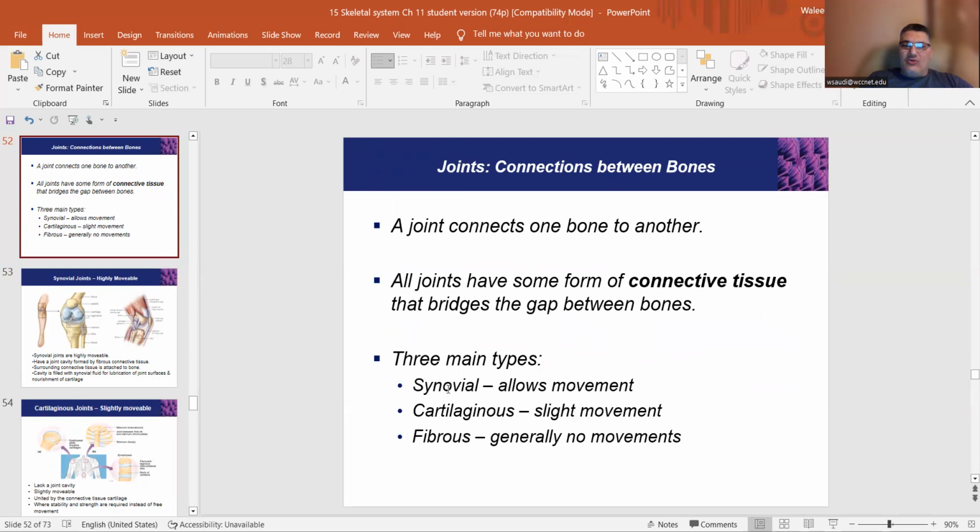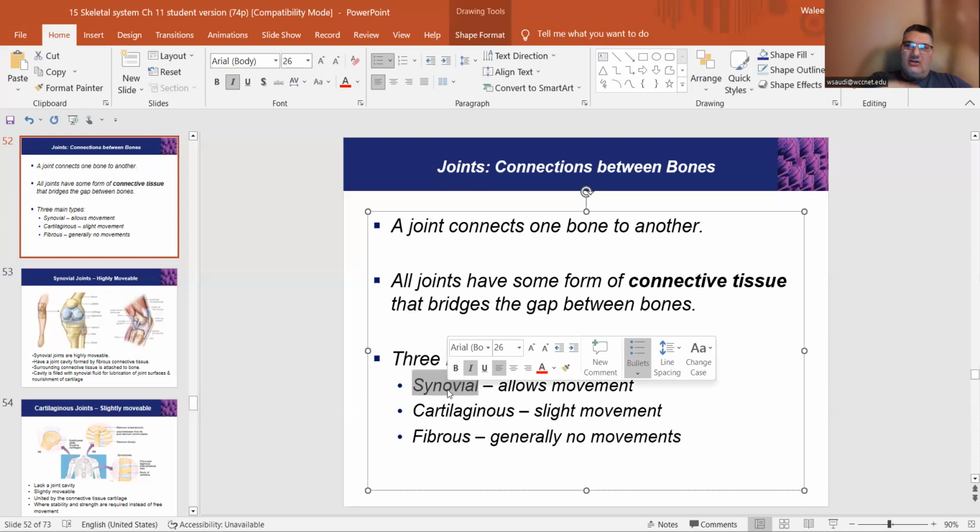This is the one that allows movement, and this is the vast majority. Why do you call it a synovial joint? Because there is fluid in there to lubricate and allow the movement, called synovial fluid.